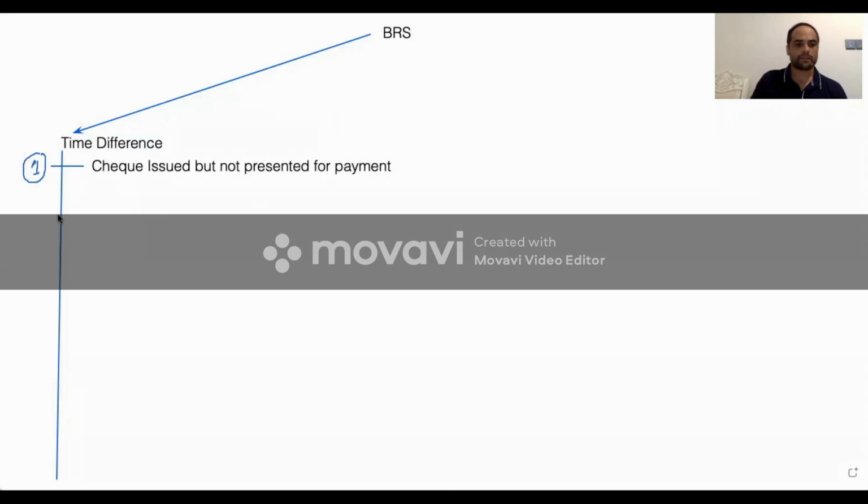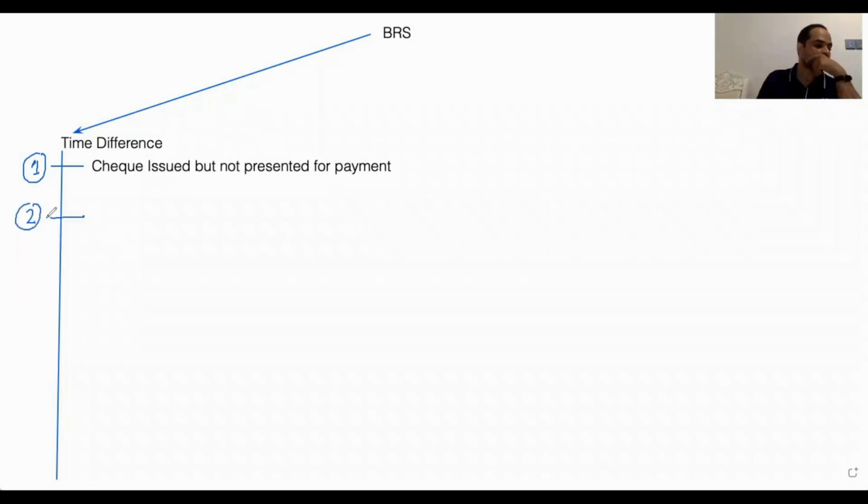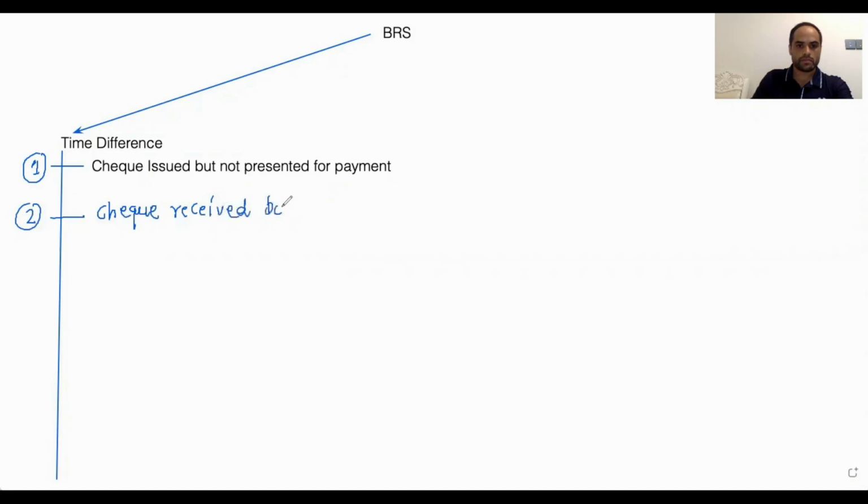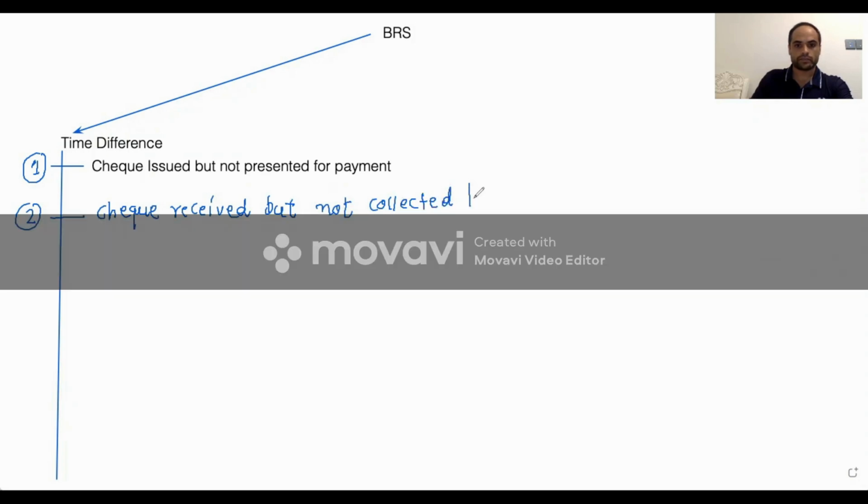Now the second time difference is check received but not collected by bank. All right, check received but not collected by bank.